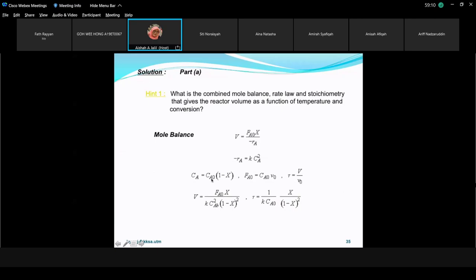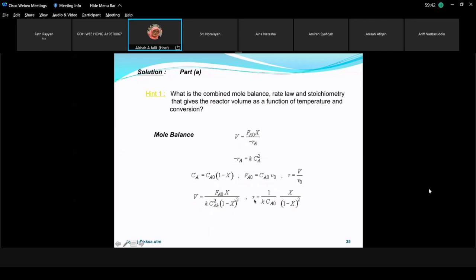This is because of the liquid, acid catalyzed reaction, kan? So the liquid, so no need to consider the 1 plus epsilon X, just Ca equals Ca naught (1 minus X). Then you know this one, Fa naught equals Ca naught V naught, and tau also you know, V over V naught. And then you can combine all to this one, and then you can get like this.